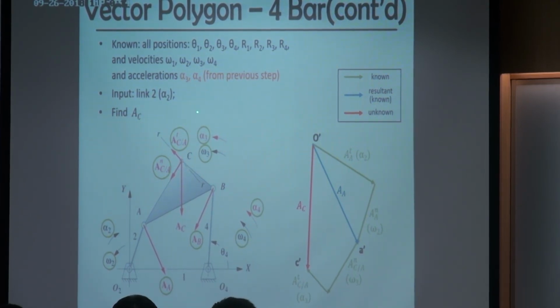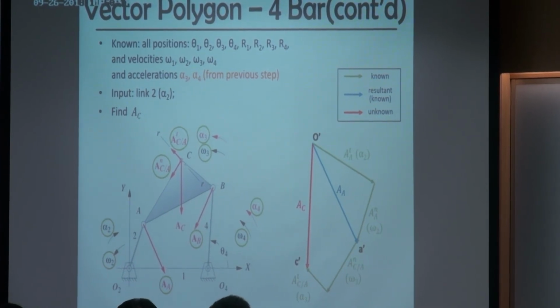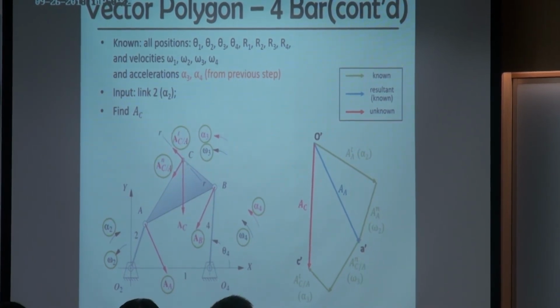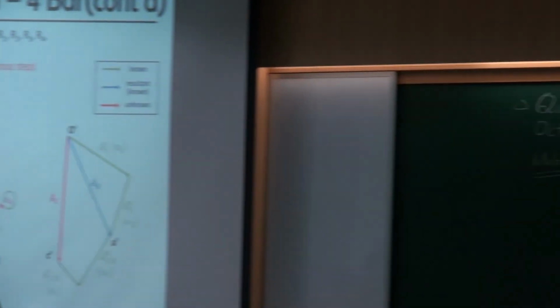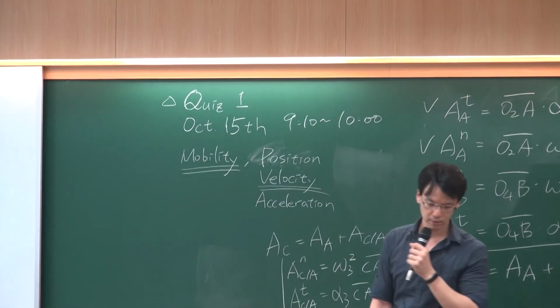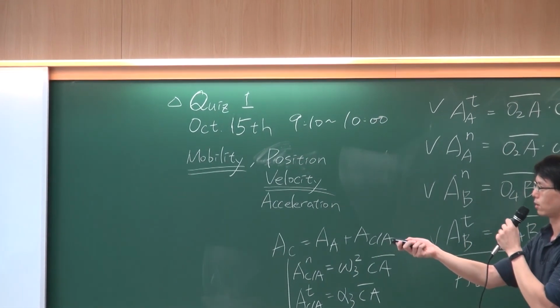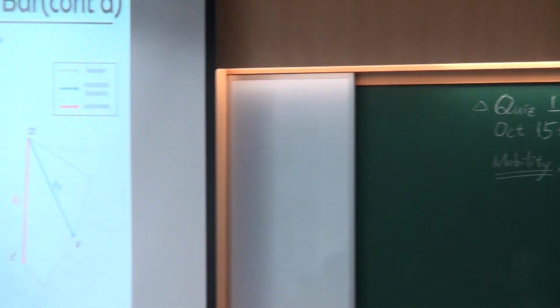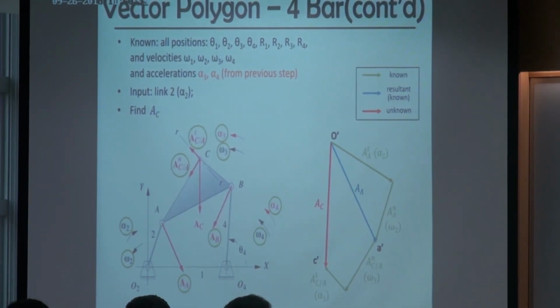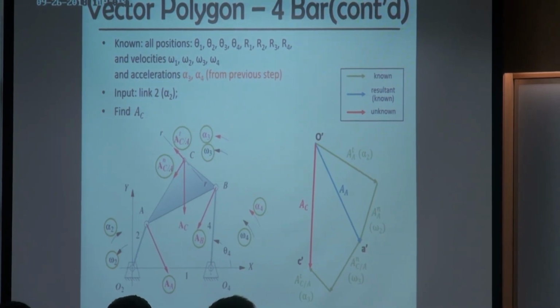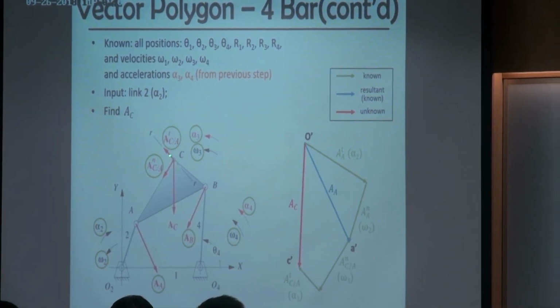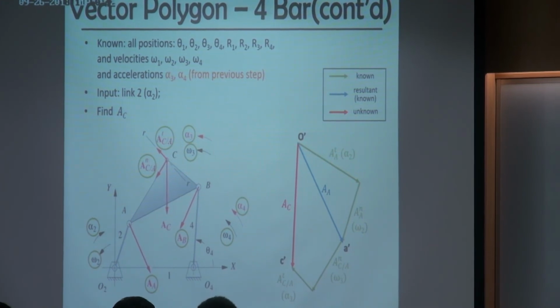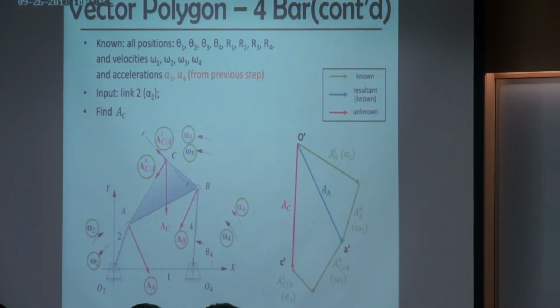Here it's not asking for a normal component or tangent component. For this point, actually there's no tangent or normal component. We don't know how to define a normal or tangent for this point, because it's floating here and not relative to a certain point.